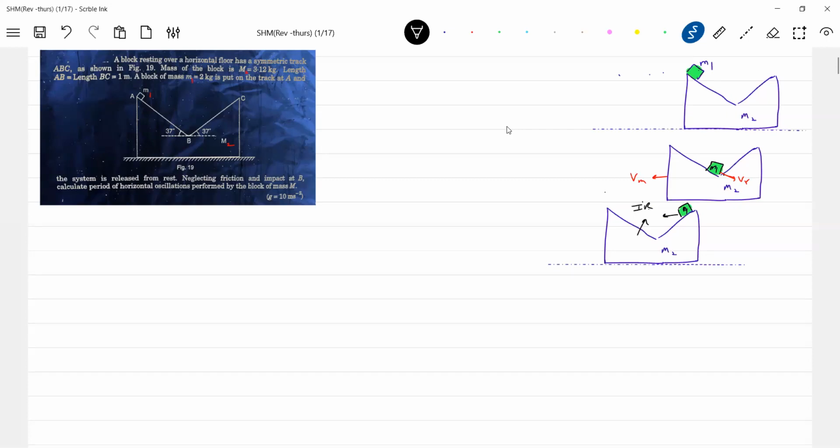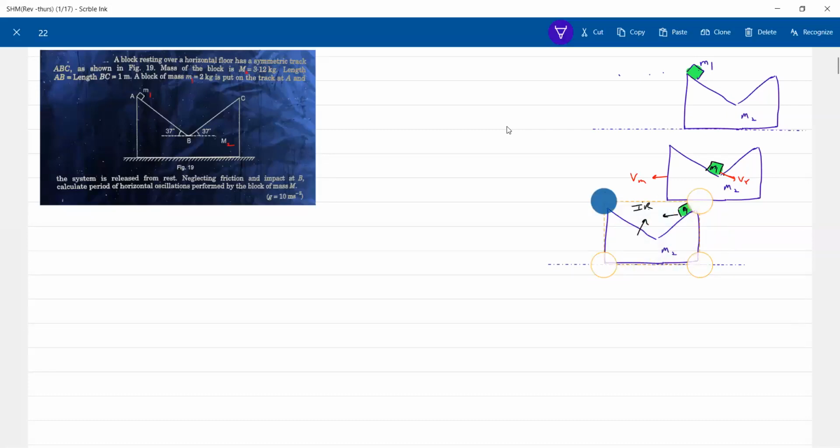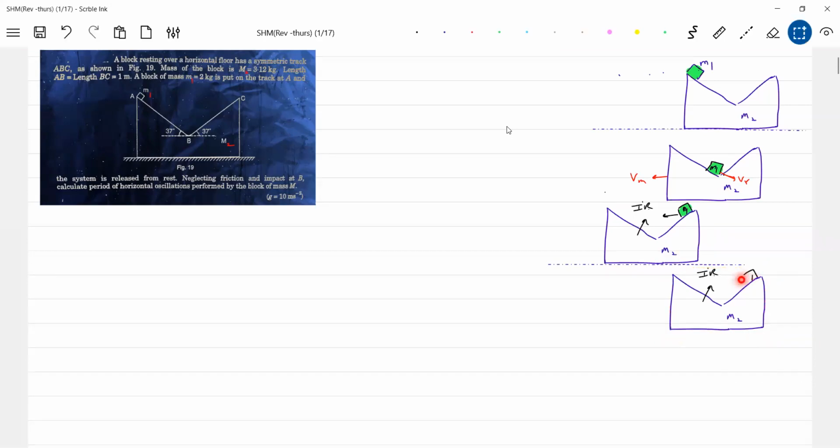Now again the block M1 will slide. Again, what is the thing?